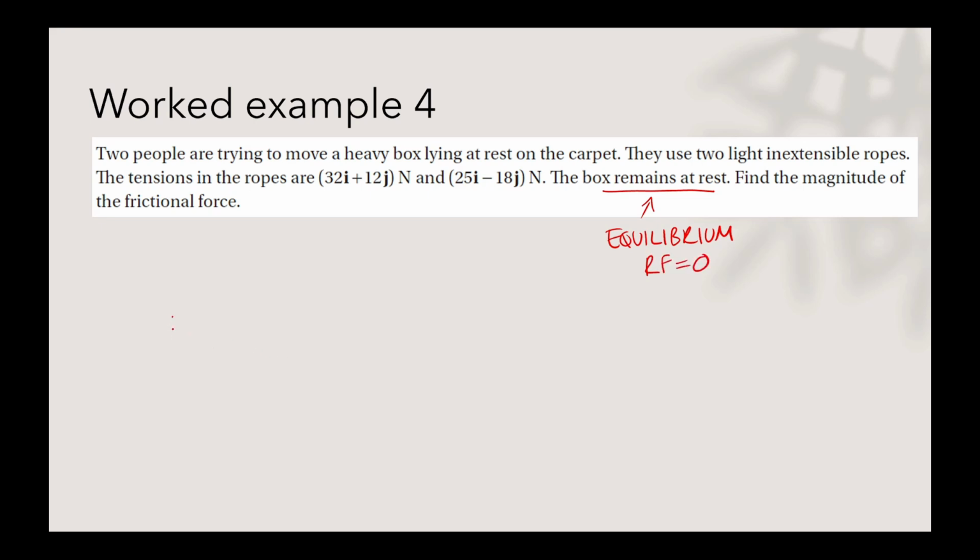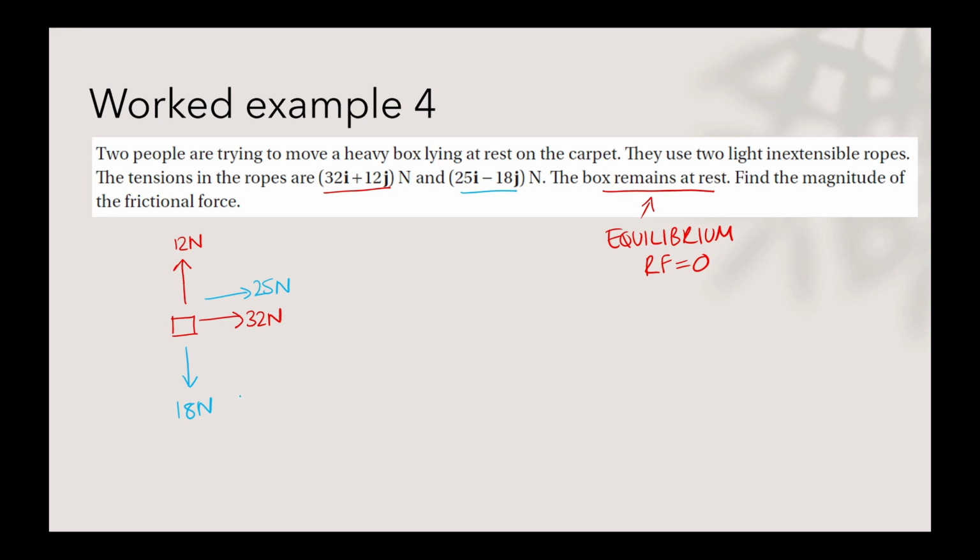So if I just draw a little sketch of this box, 32i plus 12j, well, 32i is going in this direction by 32 newtons and it's going up by 12 newtons. Then if I look at the second one, I'm going a further 25 newtons to the right, but this time I'm also going 18 newtons down. Now for it to be in equilibrium, I need it to be balanced.